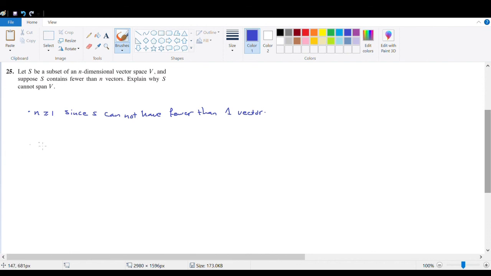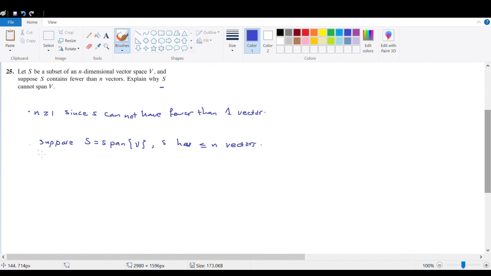Now suppose we assume that S is a span of V. So S is equal to span of V. So S has less than n vectors, because it says S be a subset of n-dimensional vector space, and suppose S contains fewer than n vectors. So now S has less than n vectors.